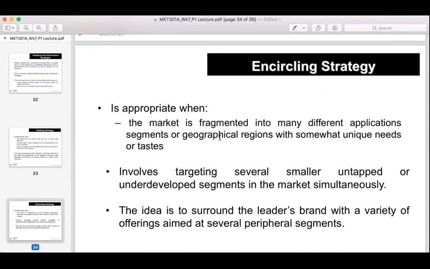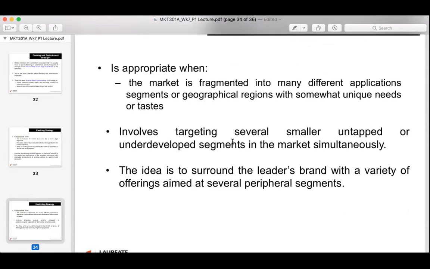Encircling is appropriate when the market is fragmented into many different applications or segments or geographical regions with somewhat unique needs. So you adopt that encircle strategy. The market is fragmented with smaller market segments, and each market segment may have its own dominant player.